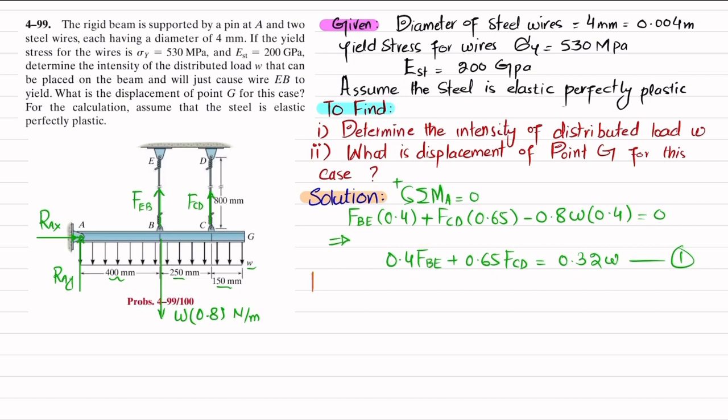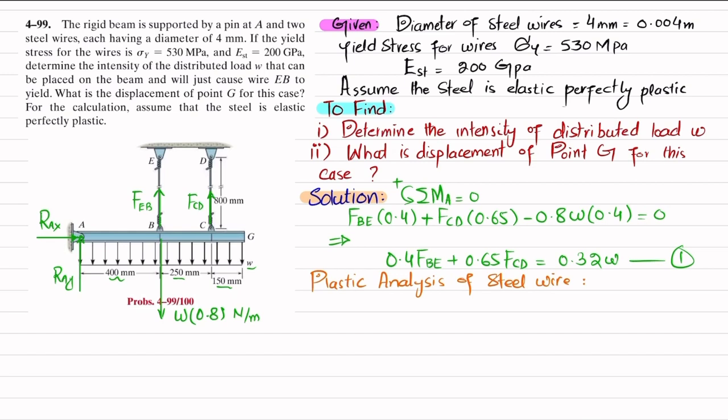So we will perform plastic analysis of steel wires. What do you mean by plastic analysis? That the force is producing yield, the force is the yield force, and the wire is deforming permanently.